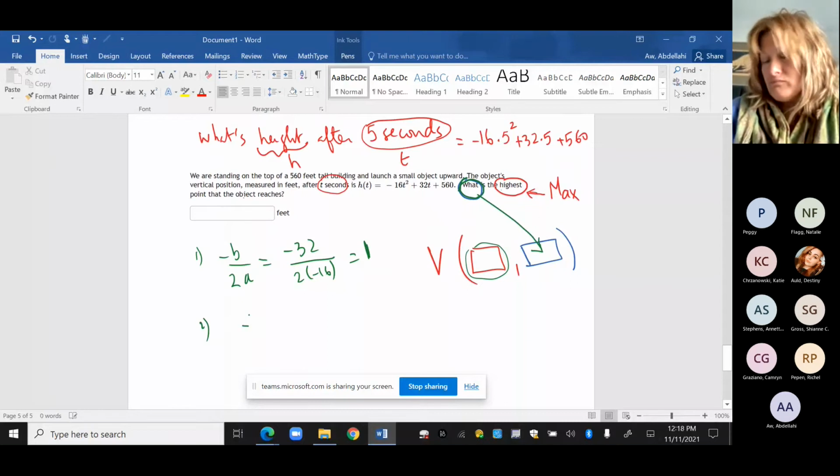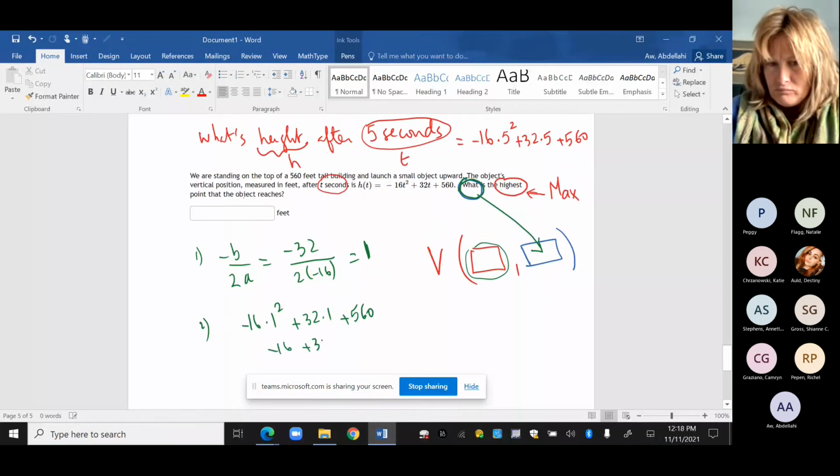We do negative 16 times 1 squared plus 32 times 1 plus 560, which is negative 16 plus 32 plus 560, which is 16 plus 560, which is 576. So now, my vertex is 1 and 576.